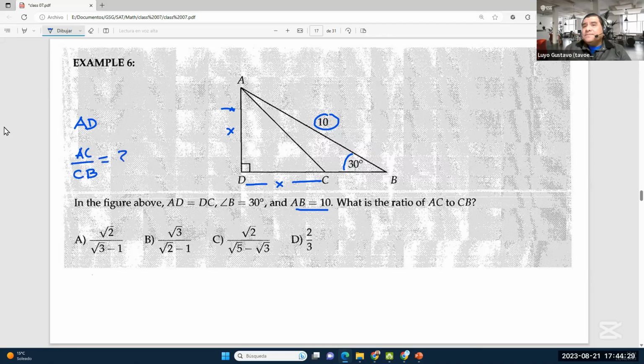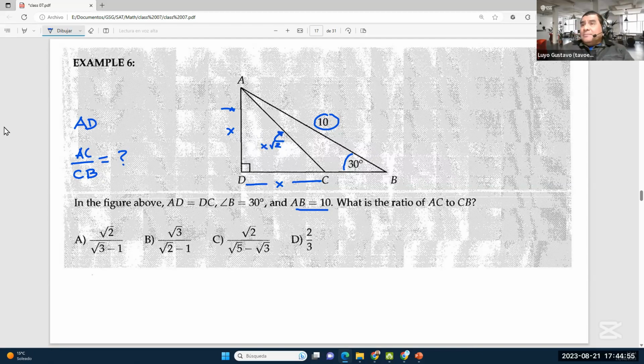What is this? Can we solve this? Okay, let's see. First of all, something interesting is that since triangle ADC, the one with the sides AD and DC, is an isosceles right triangle, so clearly this segment here must be X times the square root of 2. It's an isosceles right triangle.